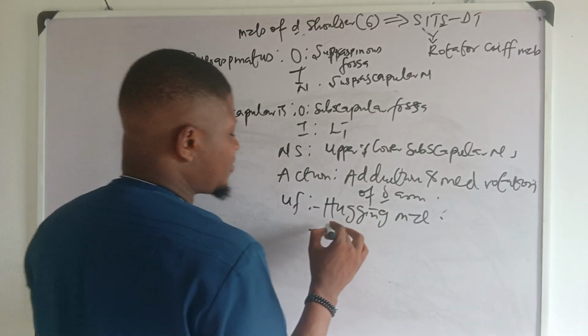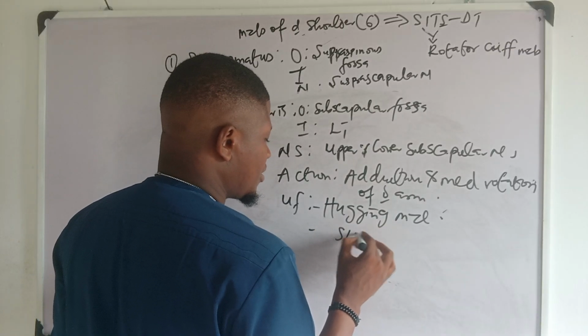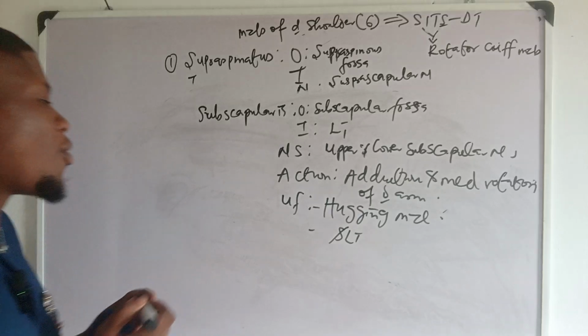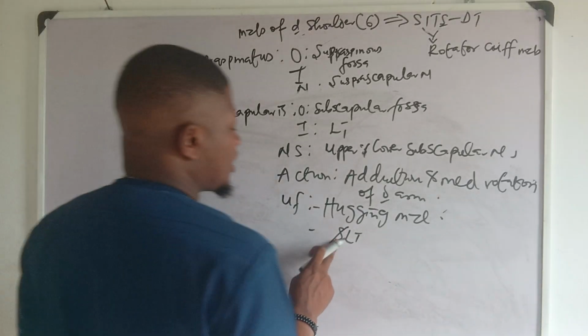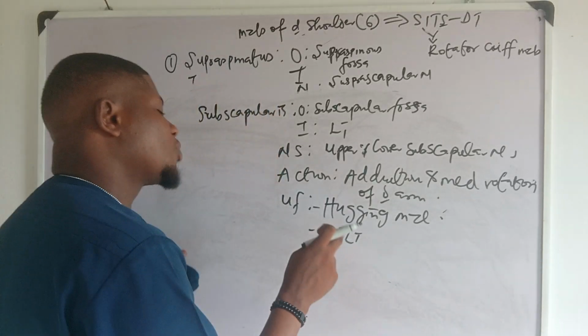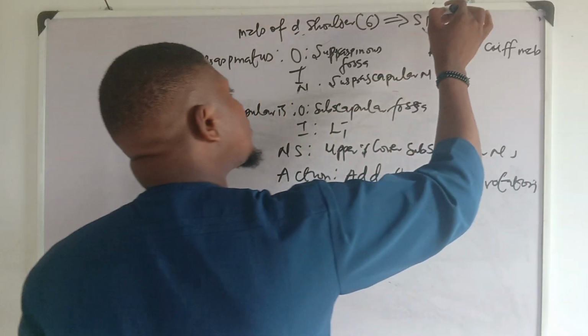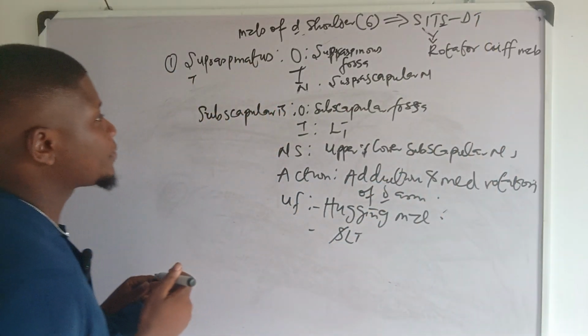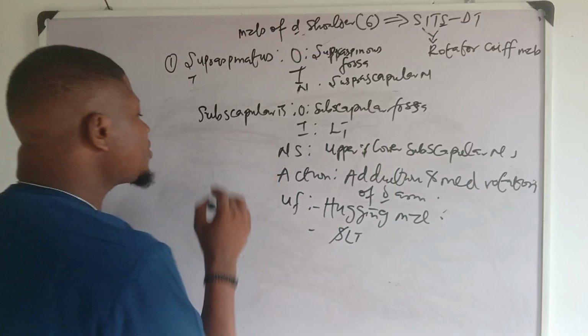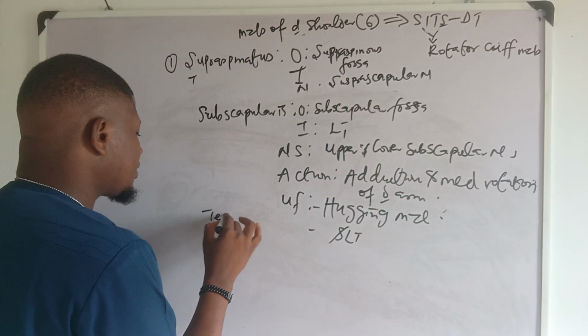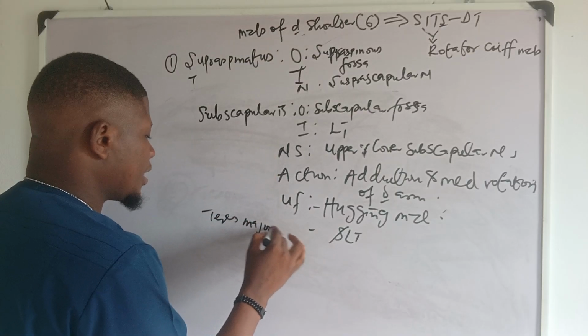If you remember, the lateral wall of the axilla is formed by SLT. So subscapularis, latissimus dorsi, and teres major form the lateral wall of the axilla. So I think we're done with the rotator cuff muscles.